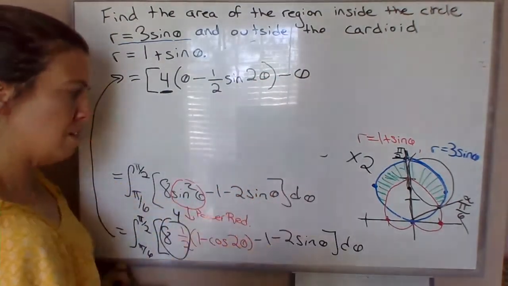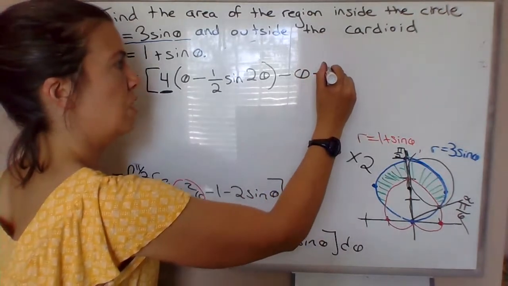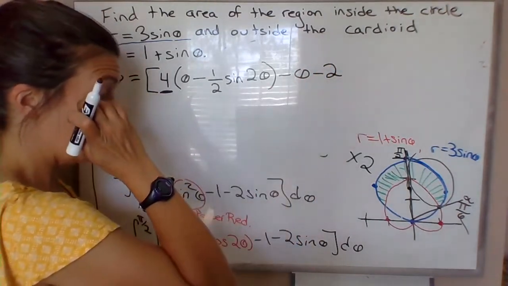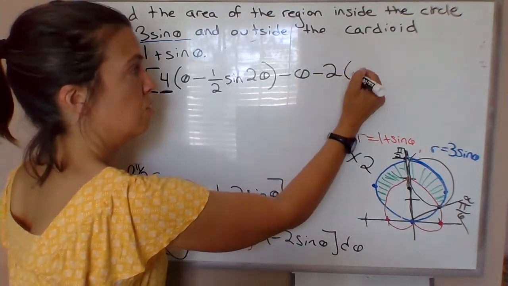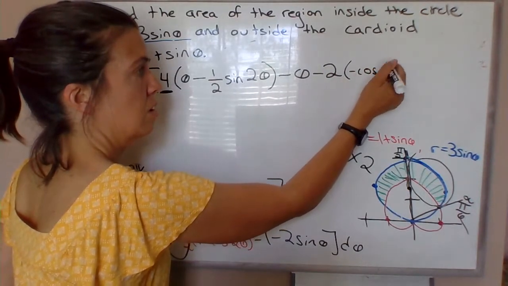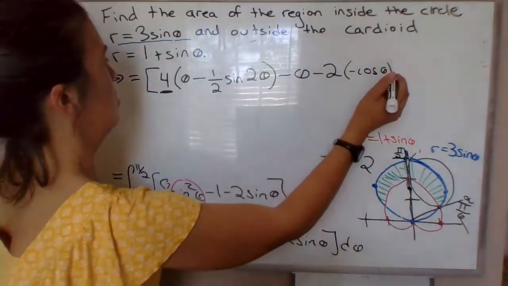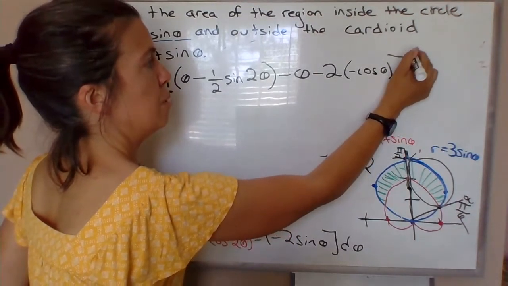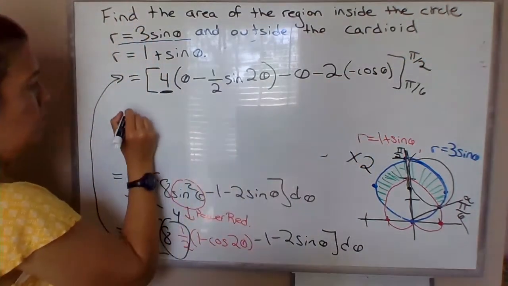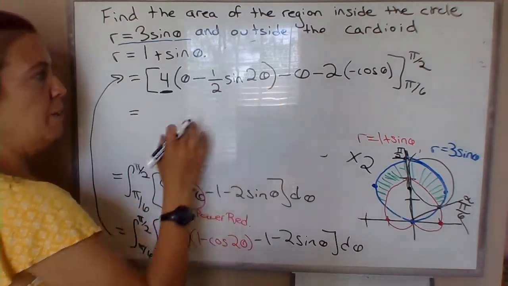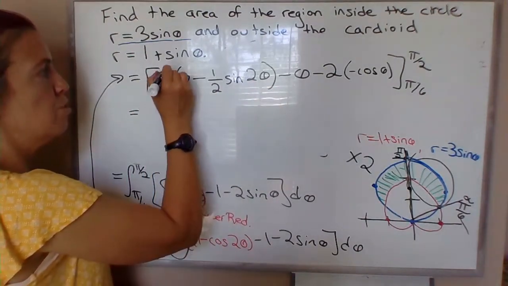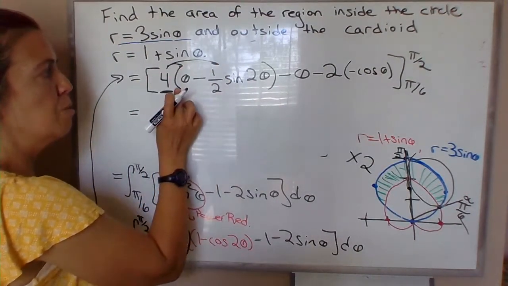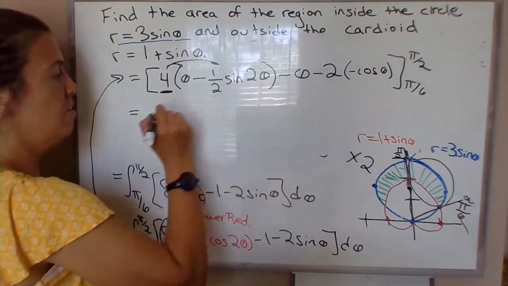Minus antiderivative of 1. So that's easy. That's theta. Minus 2 times the antiderivative of sine, which is negative cosine. Okay. Evaluated from pi over 6 to pi over 2. Okay, I'm going to clean this up a little bit. So if I distribute the 4 here, this will be 4 theta minus theta.